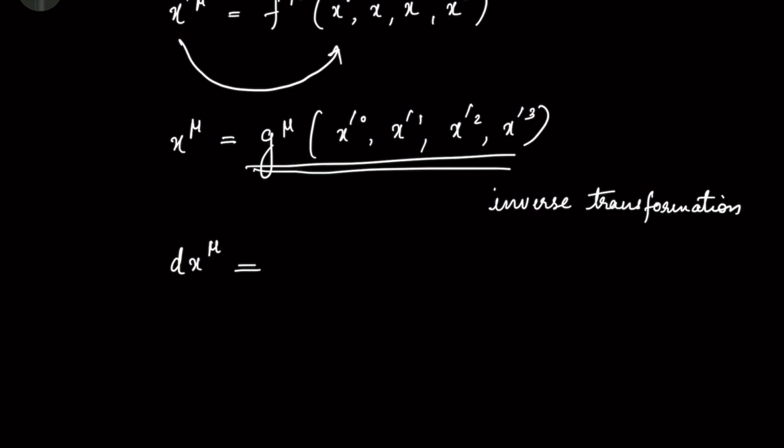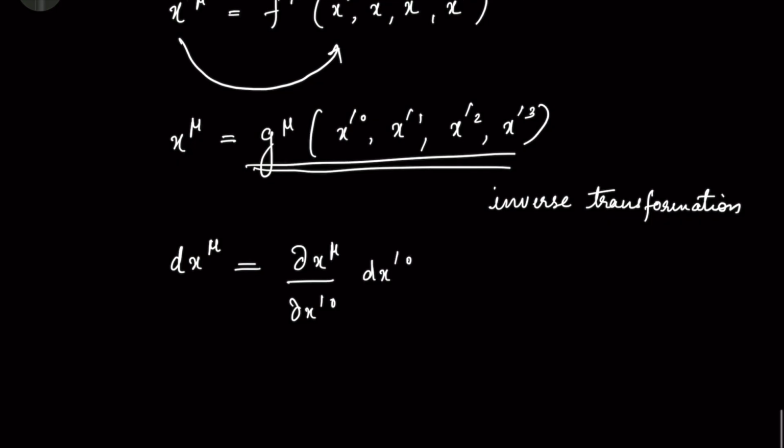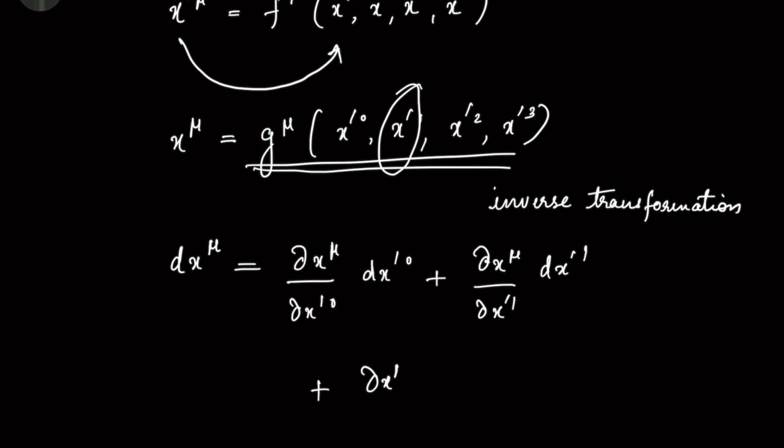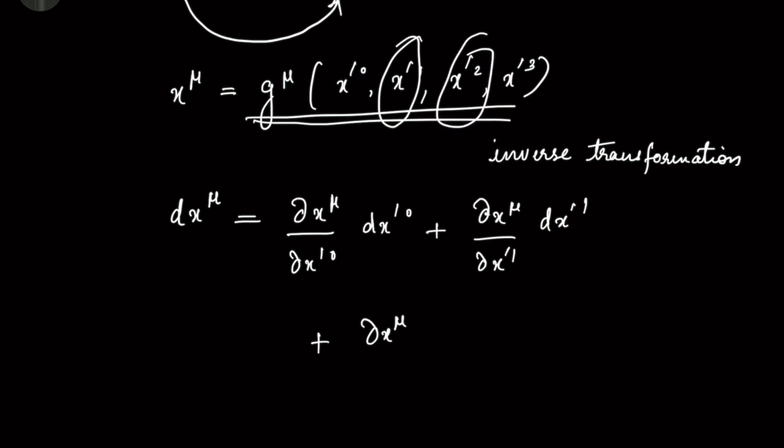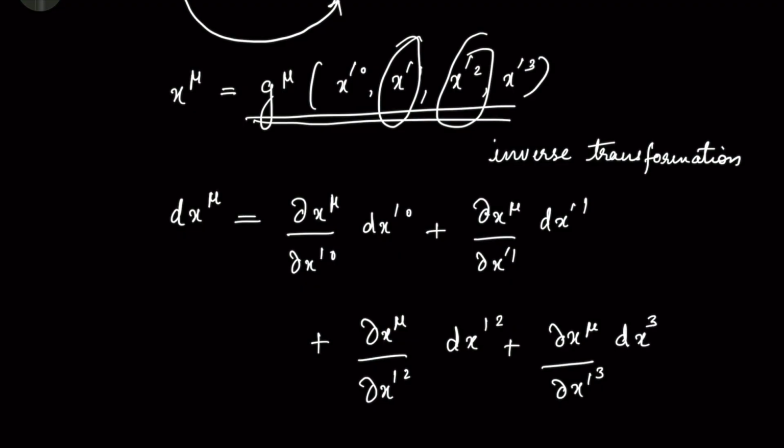For example, dx mu is equal to the partial derivative of x mu with respect to x prime 0 dx prime 0, plus the partial derivative of x mu with respect to x prime 1 dx prime 1, plus the partial derivative of x mu with respect to x prime 2 dx prime 2, plus the partial derivative of x mu with respect to x prime 3 dx prime 3, right?